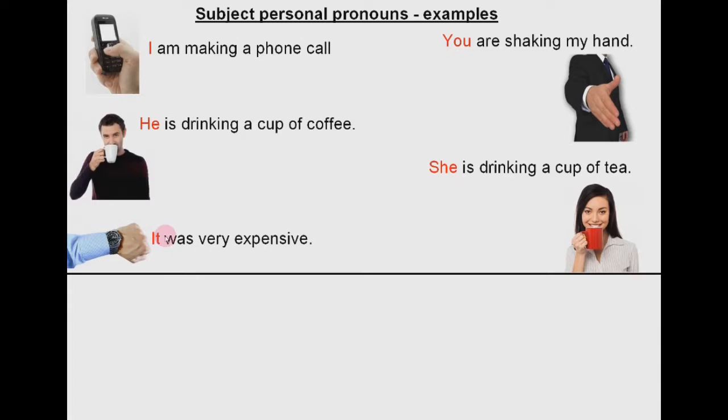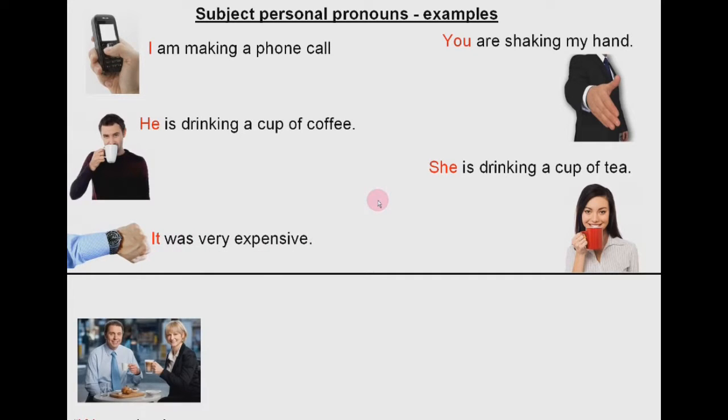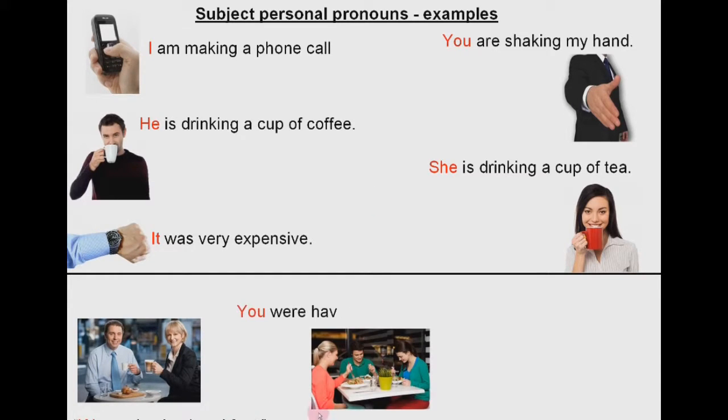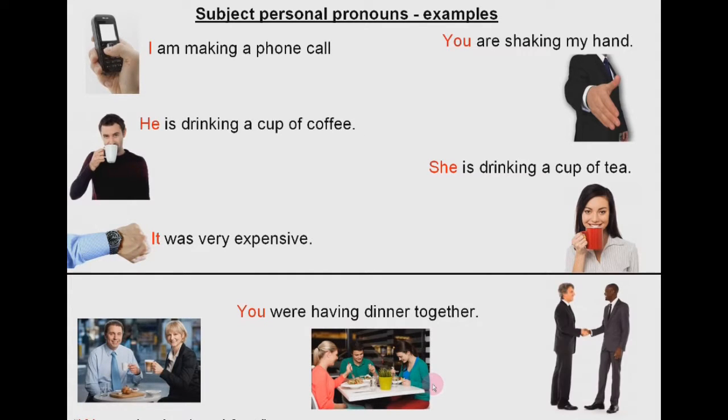And it, we are describing the watch, which is a thing, an object. We are having breakfast. You were having dinner together. They are shaking hands. So at the top, these are singular, and at the bottom, these are the plural. Okay?